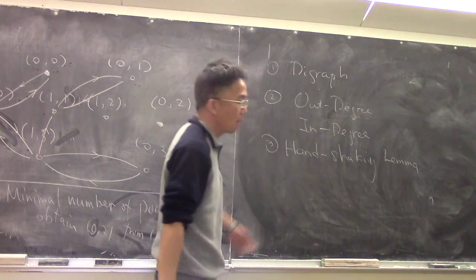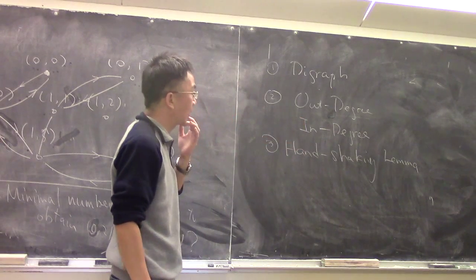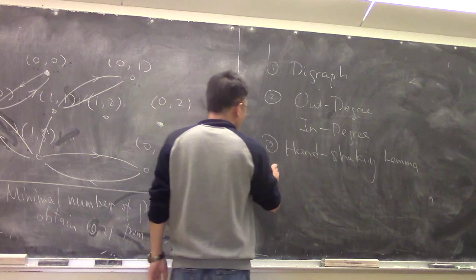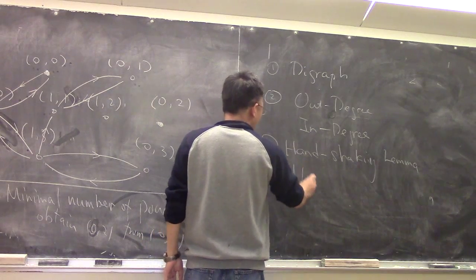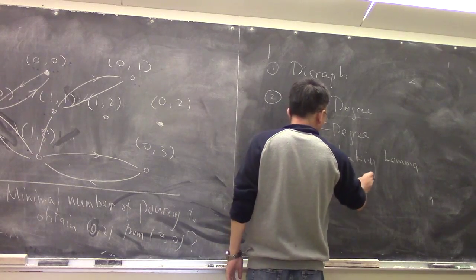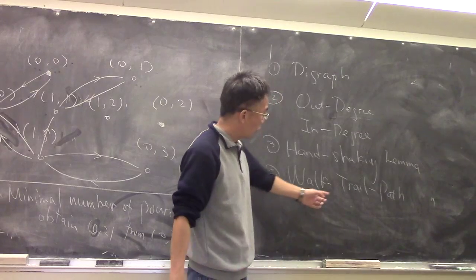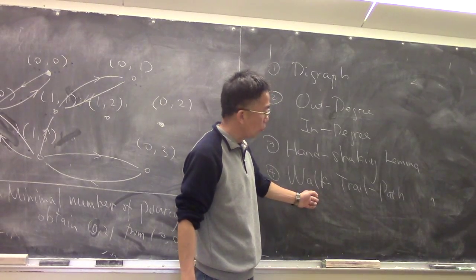So you count the number of edges by looking at the out degree, or you count the number of edges by looking at the in degree. And then we define again a walk, right? And we have a trail, and we have a path. For a walk there's no restriction.